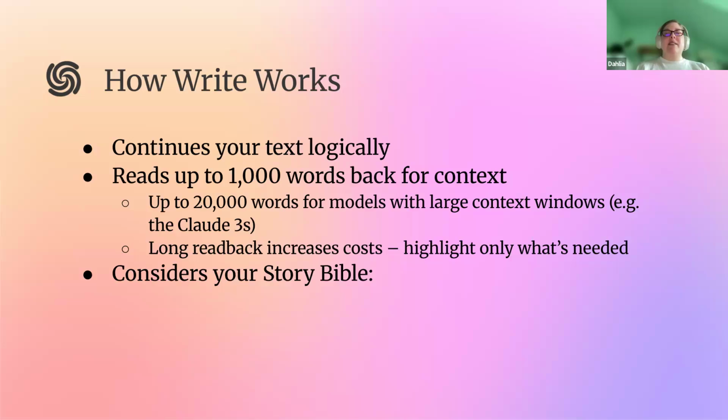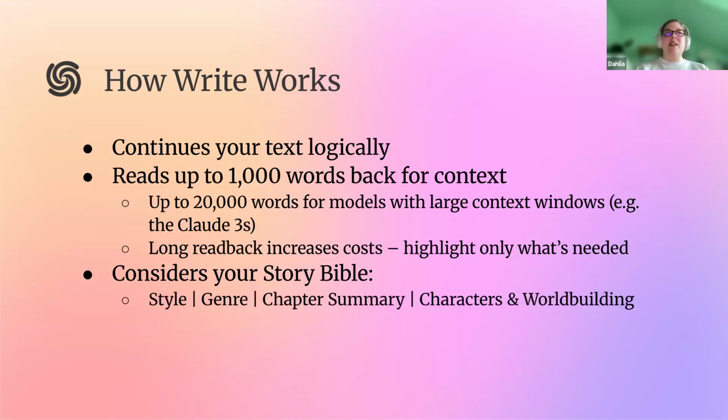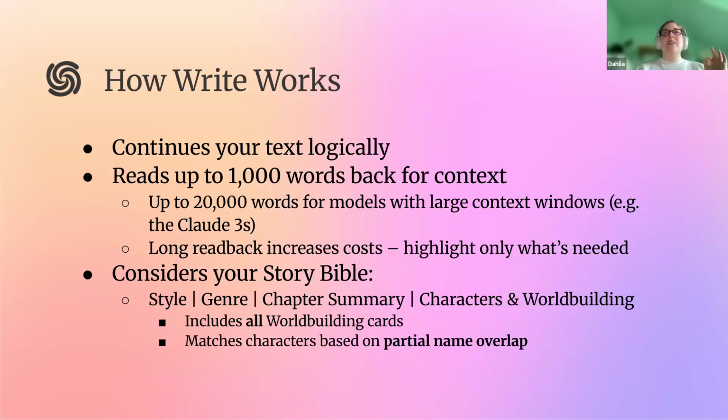When the story Bible is activated, write pulls in context such as style, genre, a chapter summary if a chapter is linked, and characters and worldbuilding. The AI uses all worldbuilding cards as context and includes any character whose name partially appears in your text.